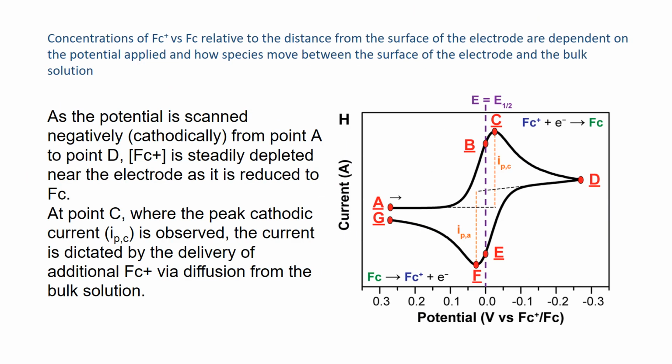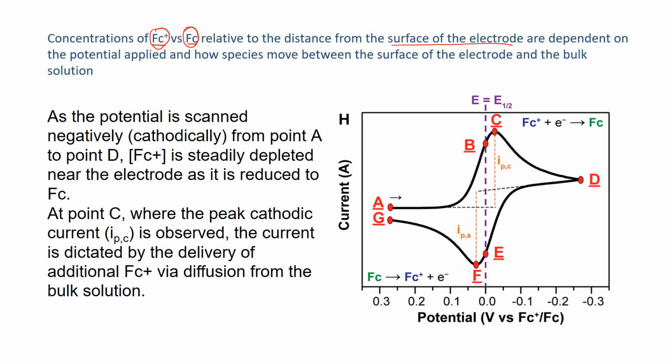The concentrations of Fc plus and Fc relative to the distance from the surface of the electrode are dependent on the potential applied and how species move between the surface of the electrode and the bulk of the solution. Now this is just the concentration variation given for Fc and Fc plus relative to the distance from the surface of the electrode.